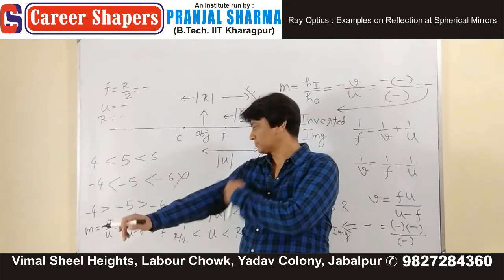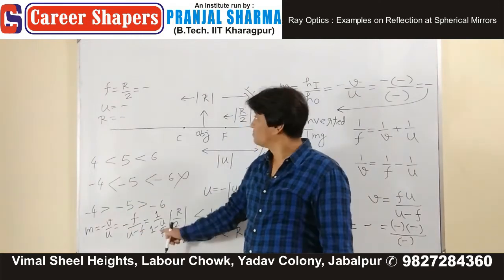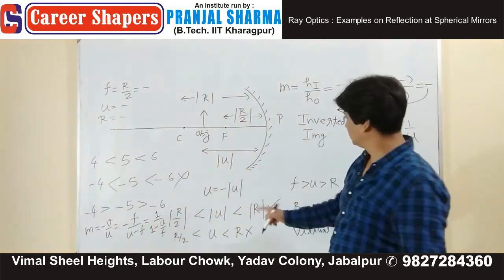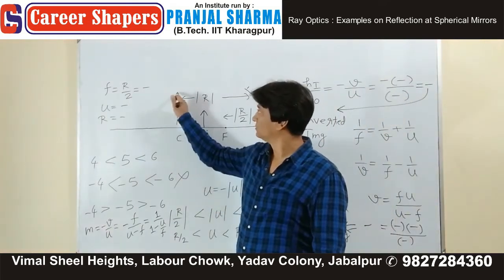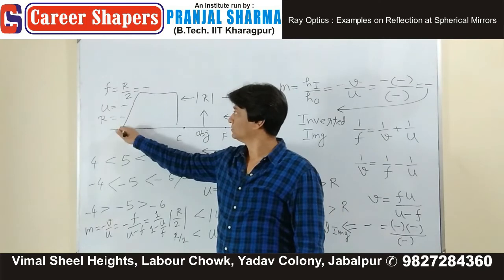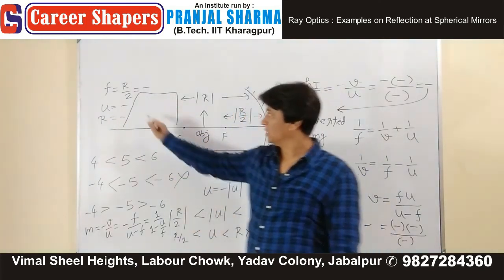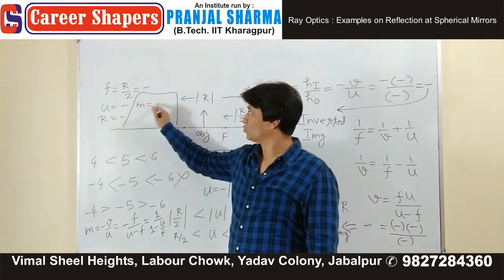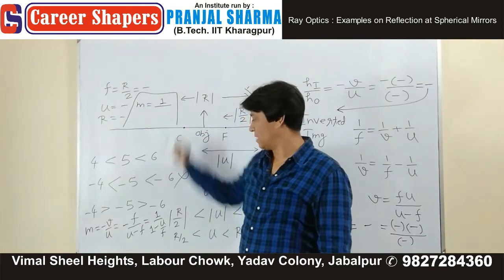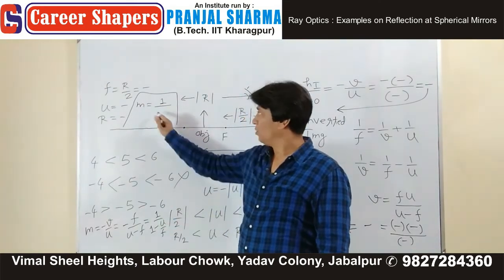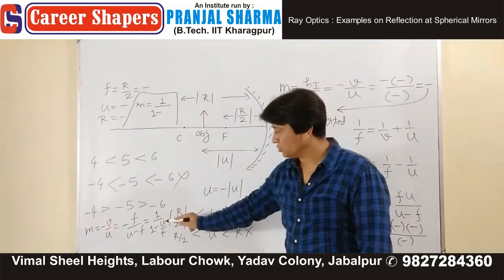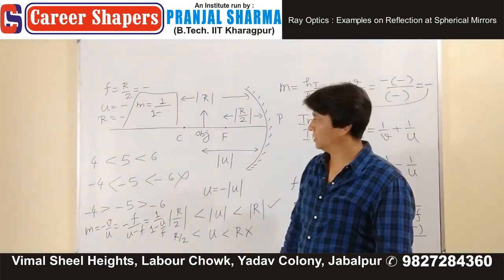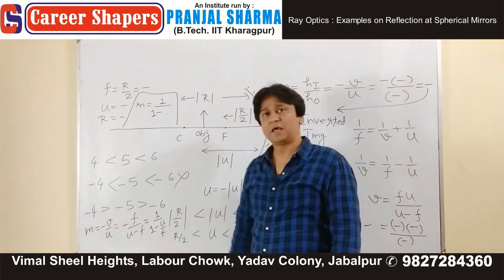Now, if you look at this magnification term, it is 1 divided by 1 minus u upon f. What is u? A negative number. What is f?